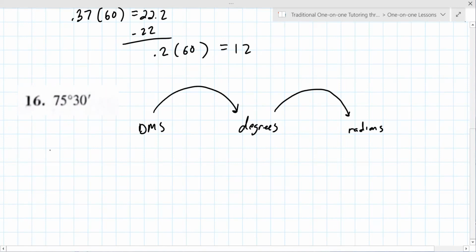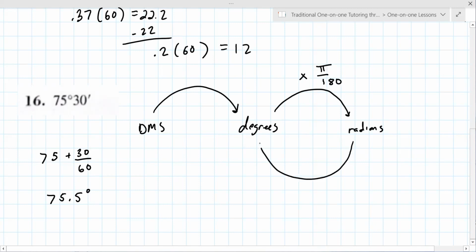So to do that, we did the same thing we did in that previous problem, 75 plus 30 over 60. So it ends up being 75.5 degrees. To convert from degrees to radians, you multiply by pi over 180. To go from radians to degrees, because you will be asked to do that, you multiply by 180 over pi. Okay. So in this problem, you're going to multiply this number by pi over 180.